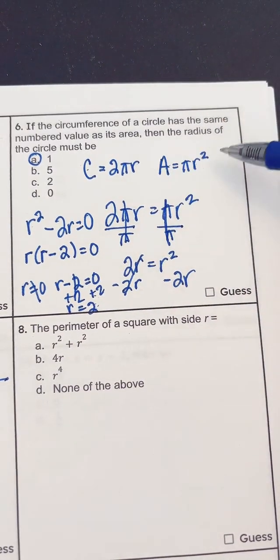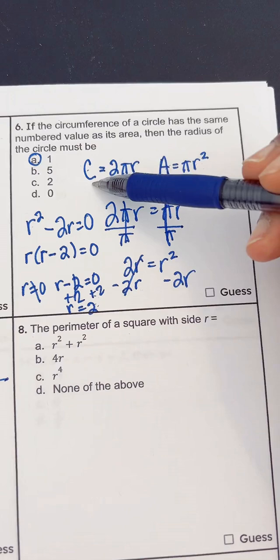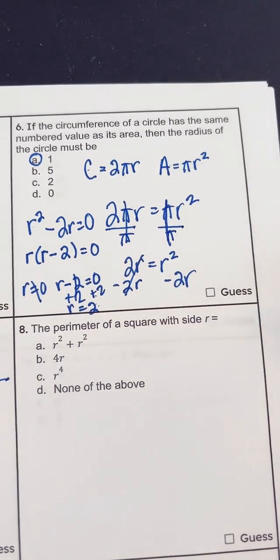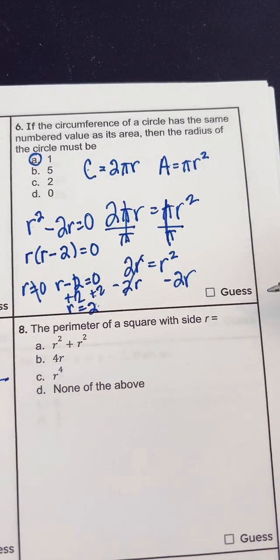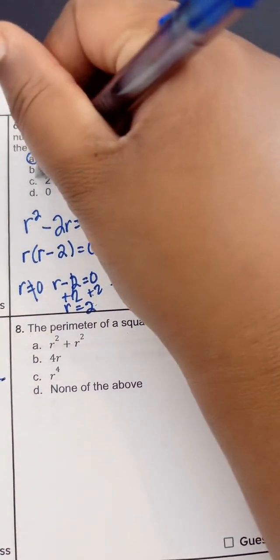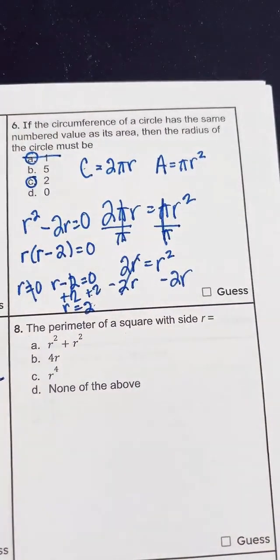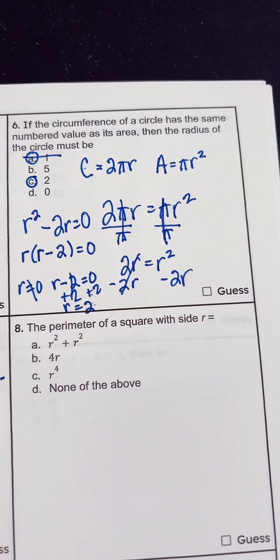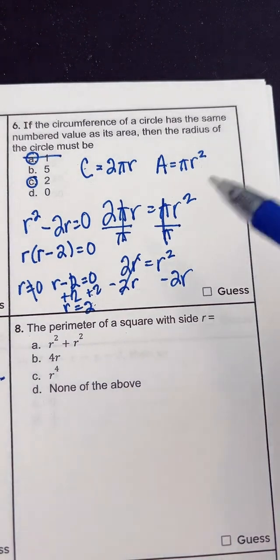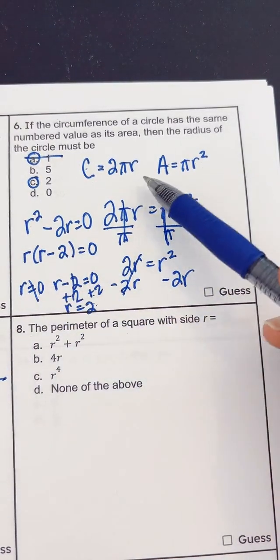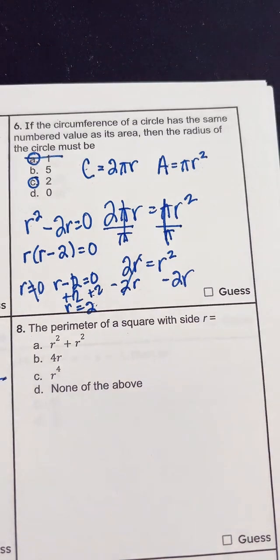Once we plug in 2 for both of these, that's when we have a circumference and an area equal to each other. Maddie said, oh man, I thought the answer was D. But yeah, that makes sense why it can't be 0, because then it would be no circle, you guys.